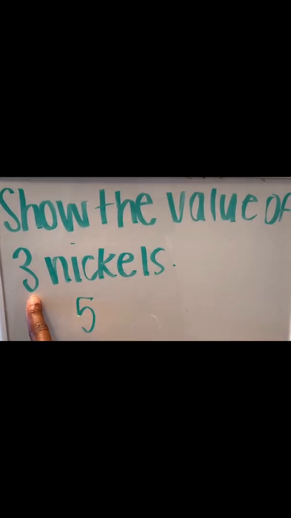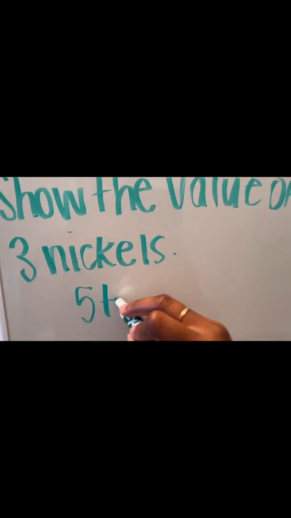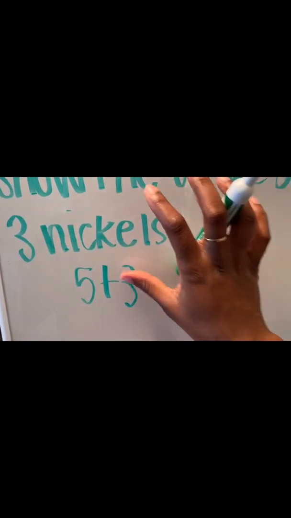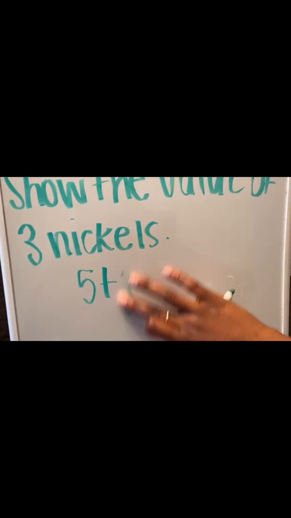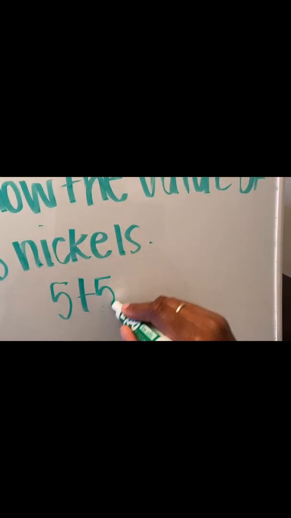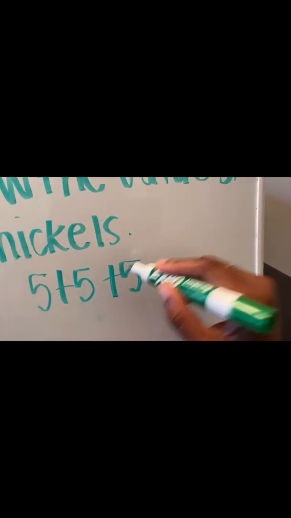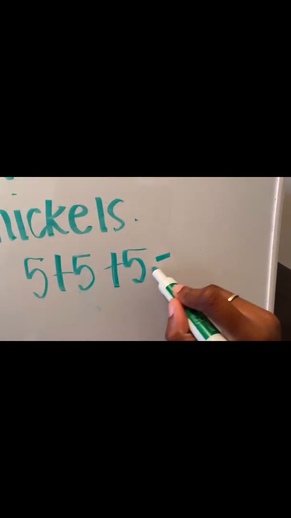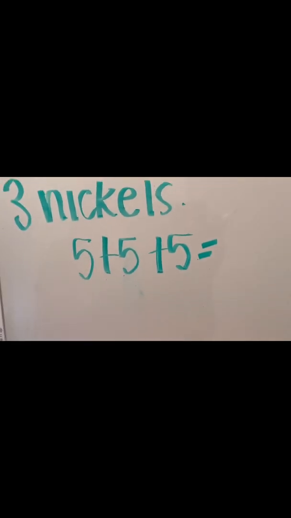And since there's a value of 3 nickels, I need to write that 3 times. But I need to write 5. Ooh, teaching y'all wrong. Okay. Now we're ready. Say silly, Miss Sims.